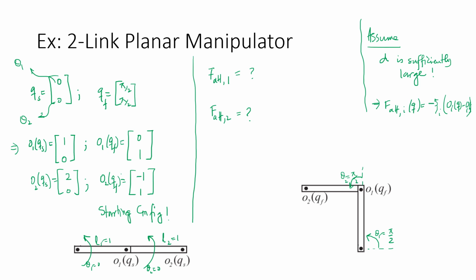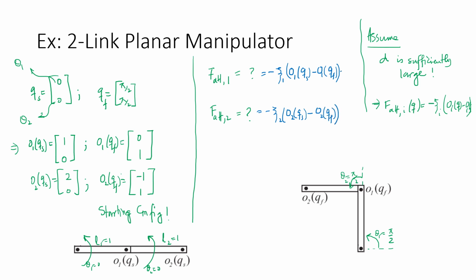So that would be, in that sense, equal to, let me use a different color now, minus zeta 1, and then you have O1 at the starting configuration minus O1 at the final configuration. So this would be your expression. And similarly for F attractive 2, you can write down minus zeta 2, and then you have O2 at the starting configuration minus O2 at the final configuration.